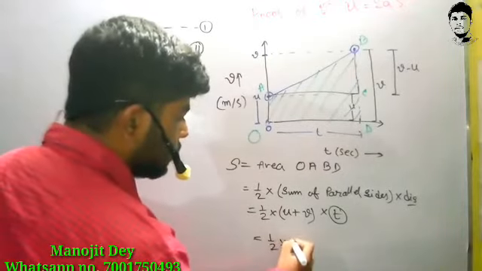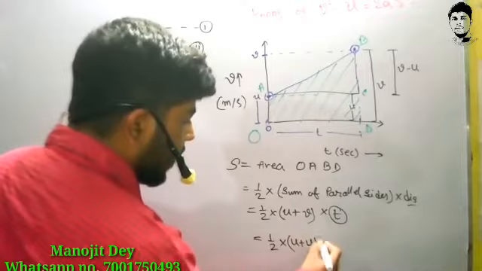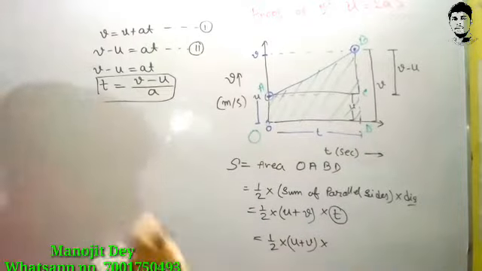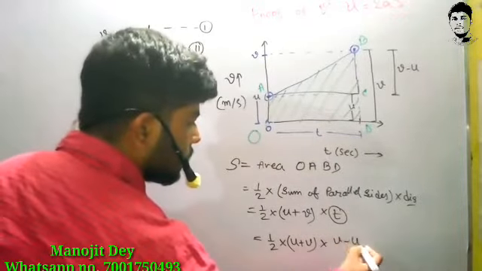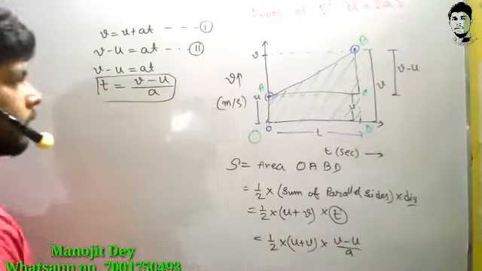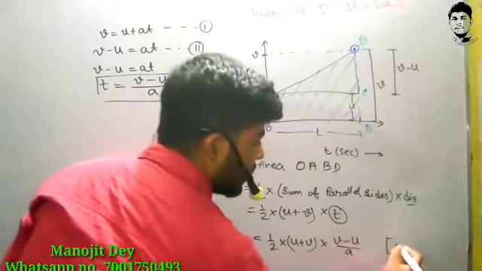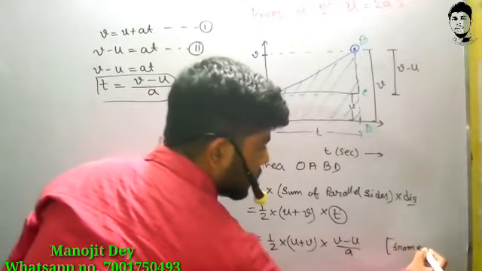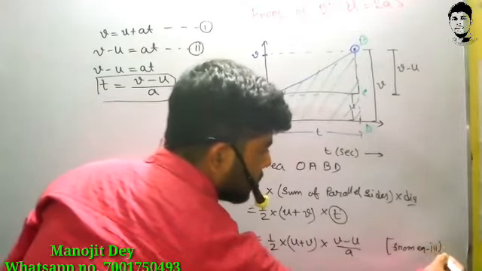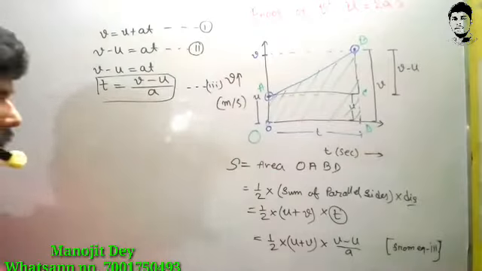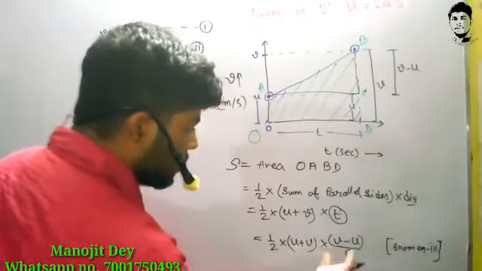So half into u plus v, and for t we put v minus u by a. Understand? From equation 3, this will be the equation.